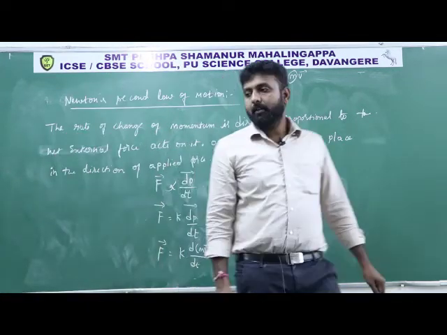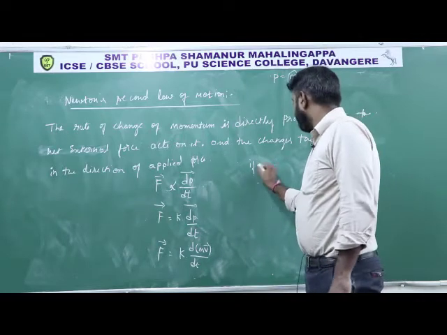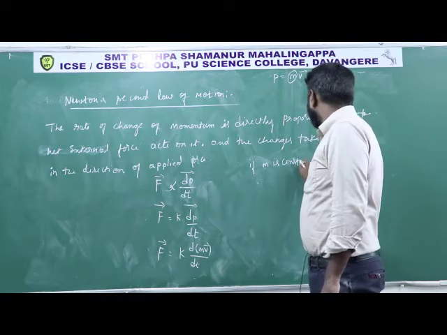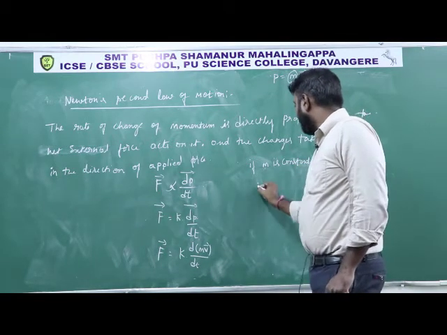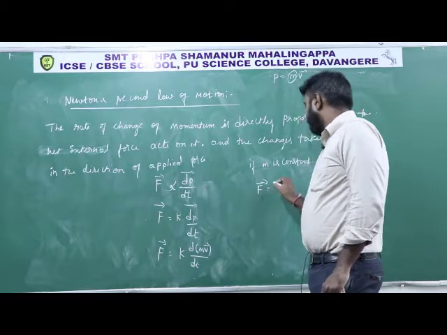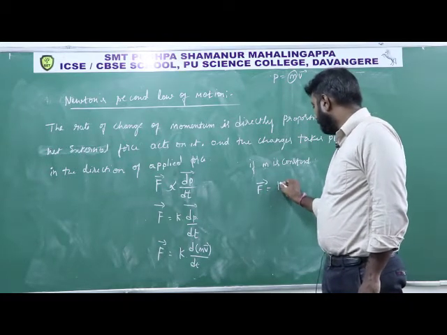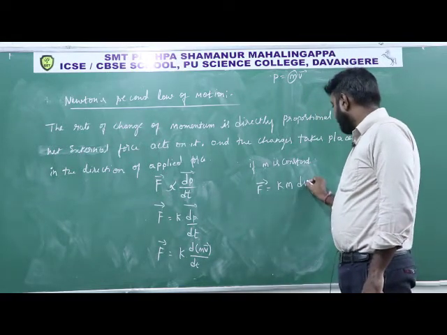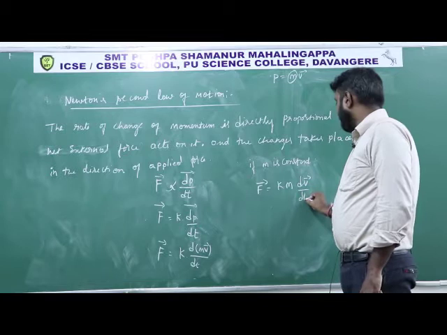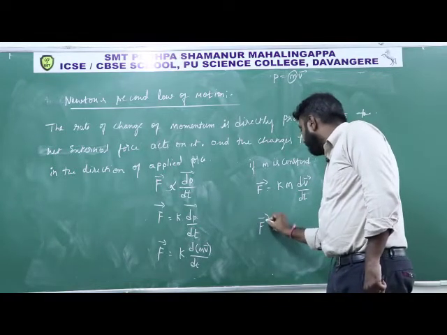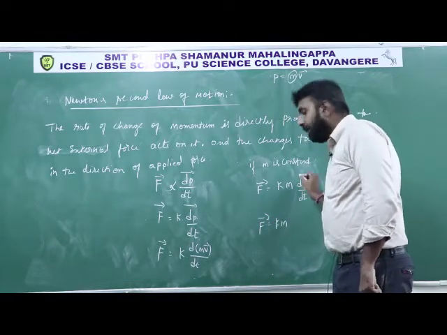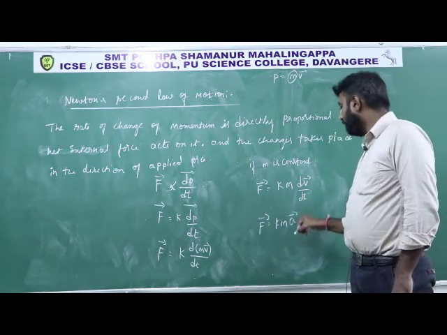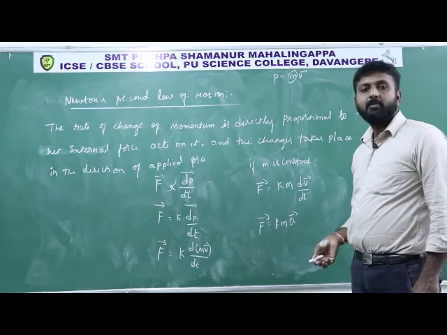In this expression you observe, if mass is constant, you can write F vector is equal to k, m is constant so you can take it outside, dv by dt. F vector is equal to k into m dv by dt, the rate of change of velocity, which is nothing but acceleration. F is equal to m into a, where k is the proportionality constant.